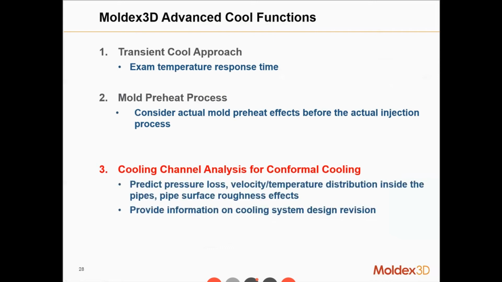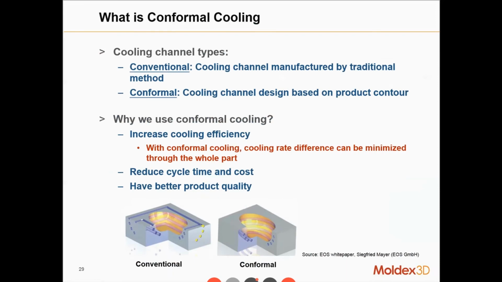The third one is the cooling channel analysis for conformal cooling. We can predict pressure loss, velocity, and temperature distribution inside the pipes of the cooling channel. So what does it mean when it comes to conformal cooling?